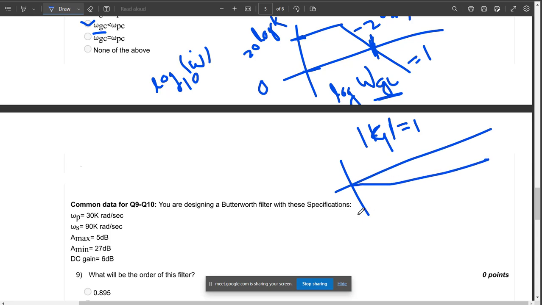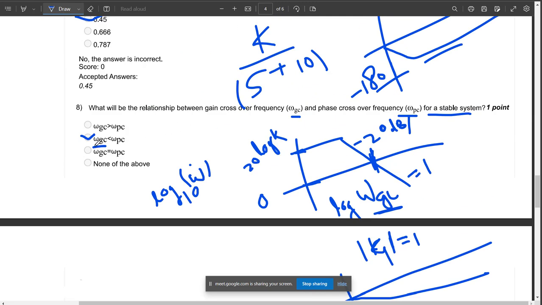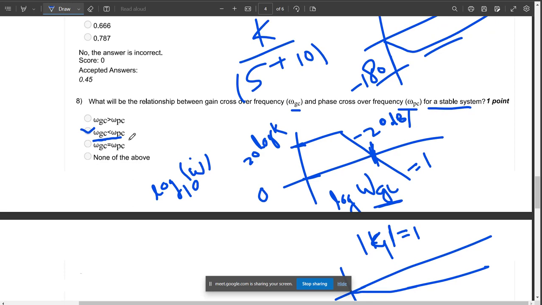This is minus 90. It will never reach minus 180 degrees. So omega pc will be infinity, whereas omega gc will be something. So for a stable system, omega gc will always be less than omega pc. Okay.